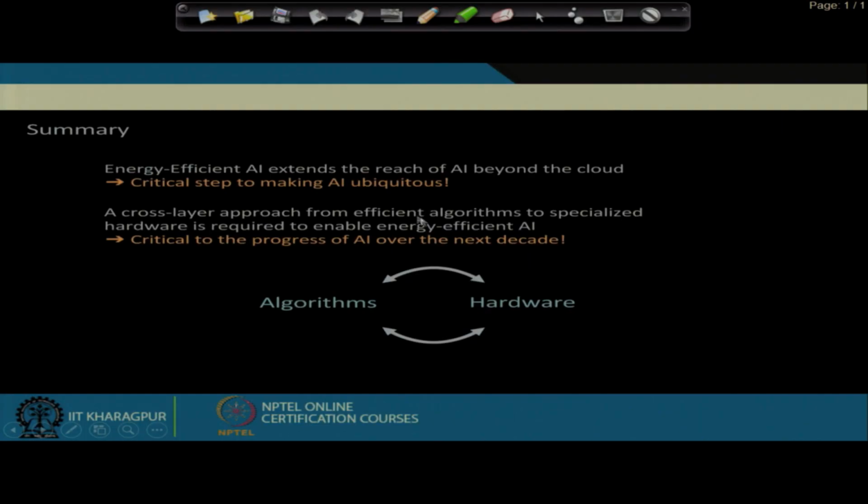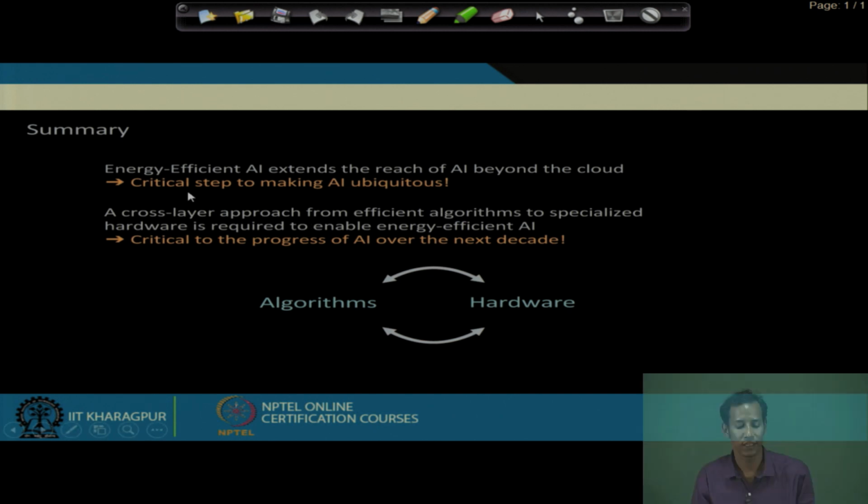So, the summary is that energy efficient AI extends the reach of AI beyond the cloud. That is why the requirement now, in the era of edge computing, is that the hardware should be energy efficient, so that I can get the benefit of high processing power as well as low energy level.